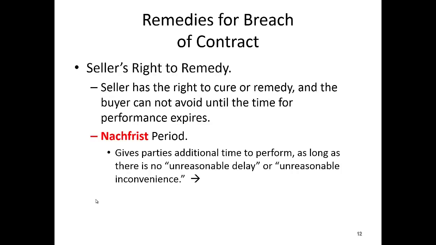One other concept that's also very different than America's notion of law is that even when you put in time periods, when we're talking about the CISG, we have this Nachfrist period. This is an idea that basically translates into grace time. In other words, if you put in the contract, these goods have to be here by 12 noon on June 17th, and they don't show up until June 19th, the Nachfrist period would say, that's probably close enough.